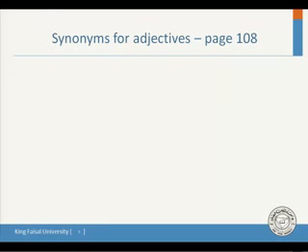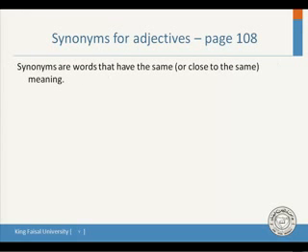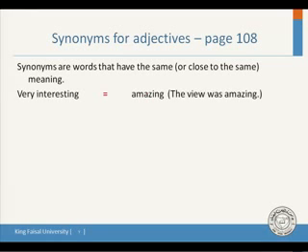Now let's talk about adjectives, and we have talked about adjectives before, in a previous lecture. But today we have synonyms for adjectives. What do we mean by synonym? A synonym or synonyms are words that have the same meaning or close to the same meaning. For example, very interesting.